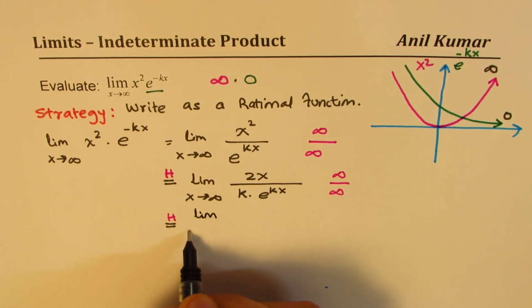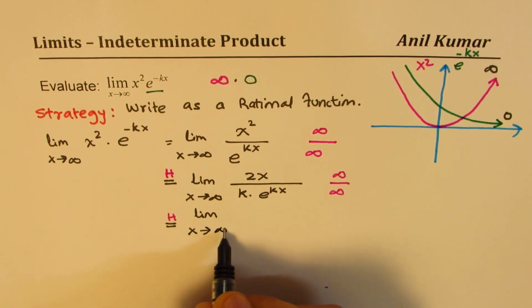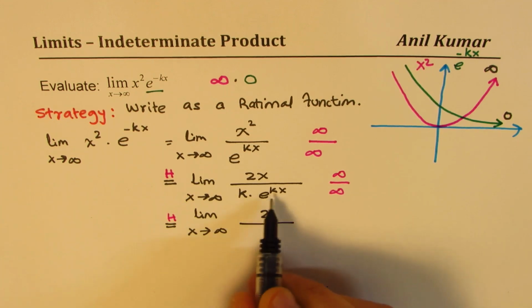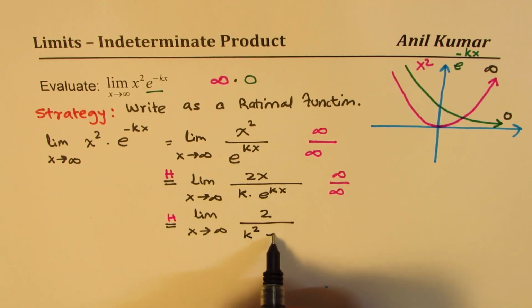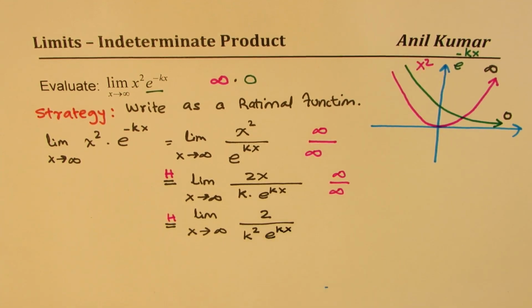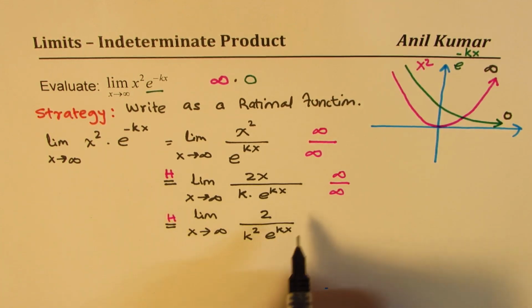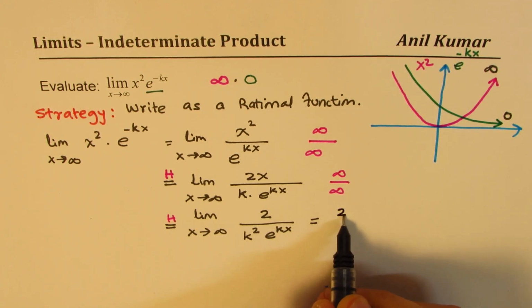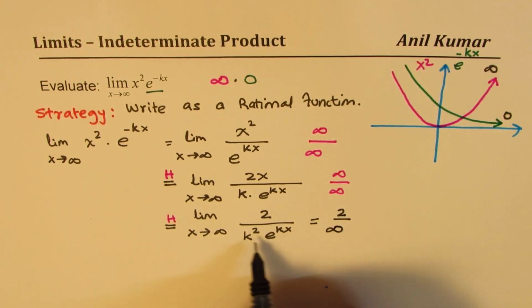So we get limit x approaches infinity, and the derivative of 2x will now be 2 divided by, here we get k squared e to the power of kx. Well, now in this case, if I substitute infinity here, what do I get? I get this as equal to 2 over infinitely large quantity, correct?